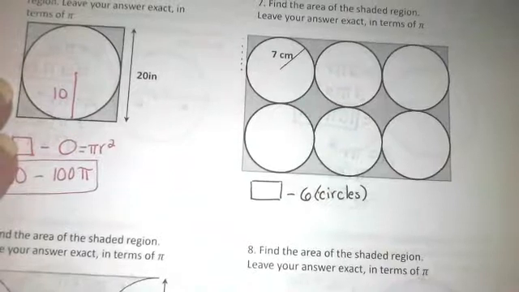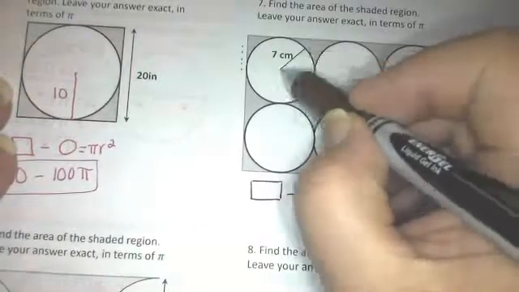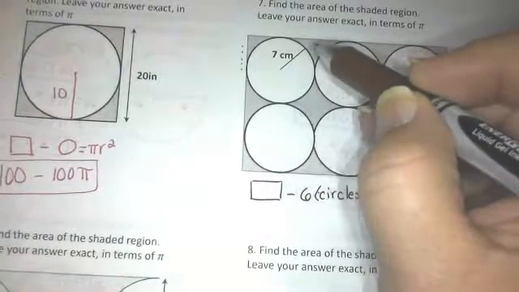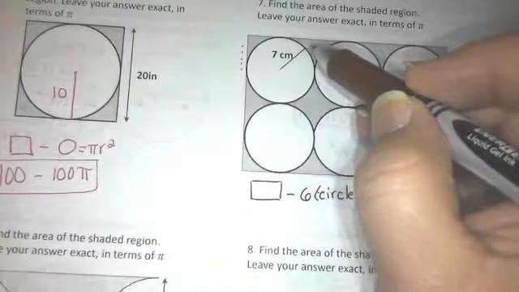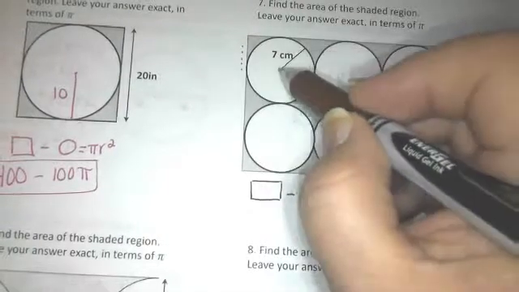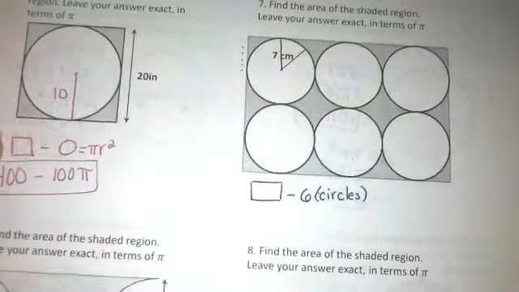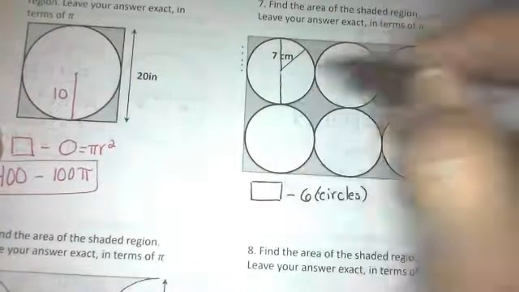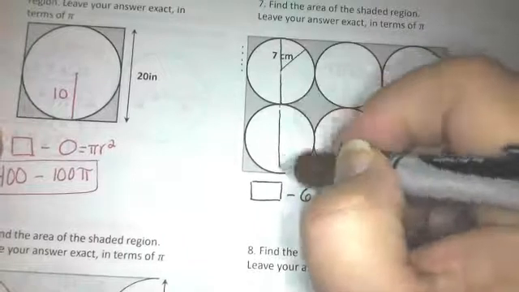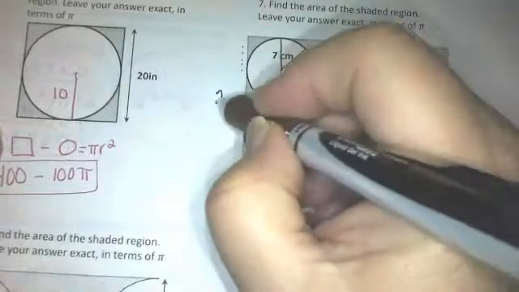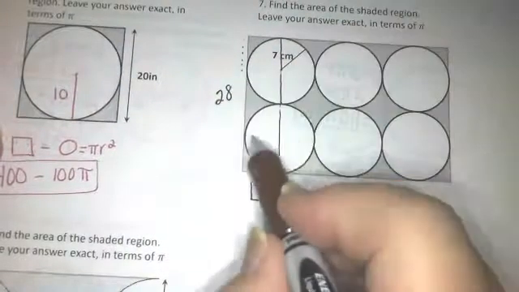He said, can't we just do the 2 diameters? I gave you the radius of the circle, and this is going to sound funny, but the radius of the circle is the same no matter which way you draw it. So I drew it here, but if I draw the radius here, isn't it still 7? Yeah. So the diameter is 14, and there's 2 of those, 28. So that's 28. Now I go this way.